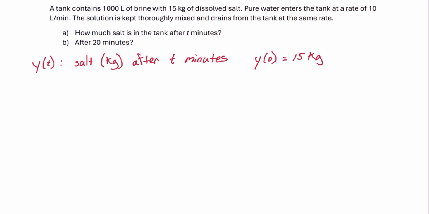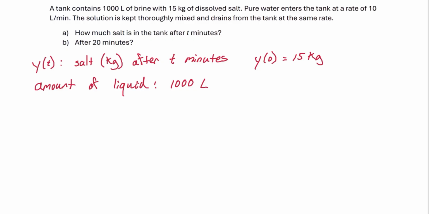The amount of liquid in the tank is remaining constant, so that stays 1,000 liters at all times. We're adding water, but it's also being drained at the same amount.